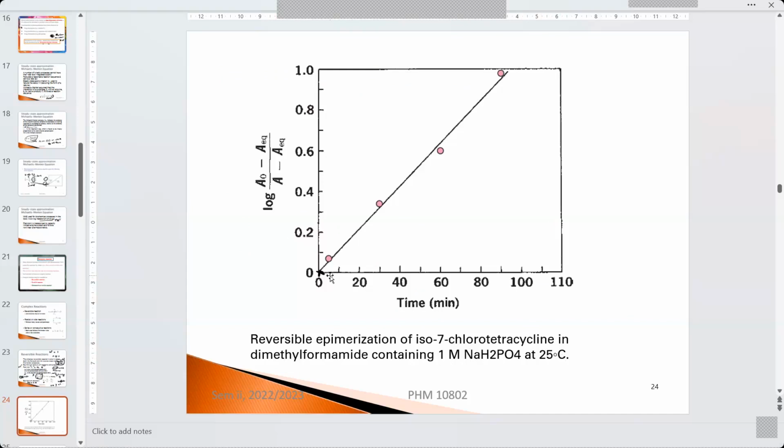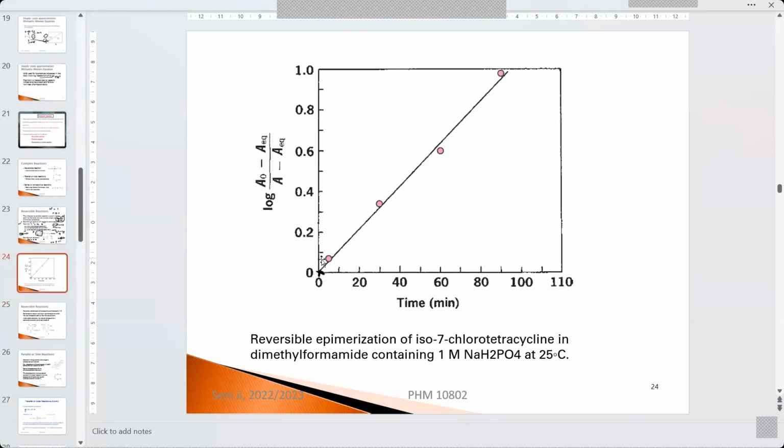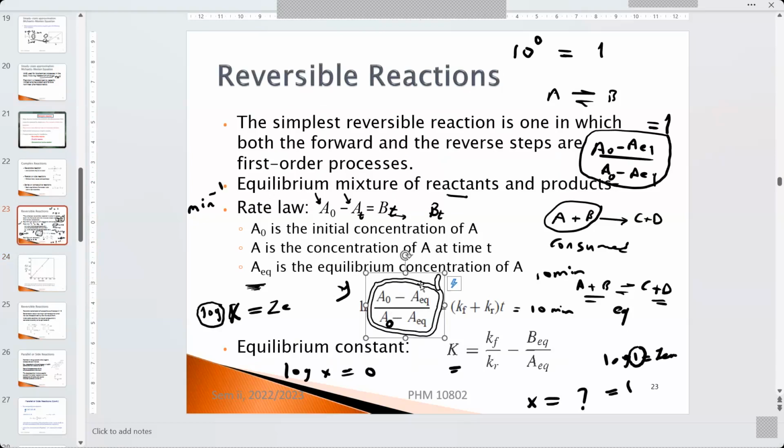They found that there is an epimerization, a change in the stereoisomer from one form to another, and the rate of reaction follows the equation that we just explained, the ln. So this indicates that the reaction here is reversible and is first order in both directions.